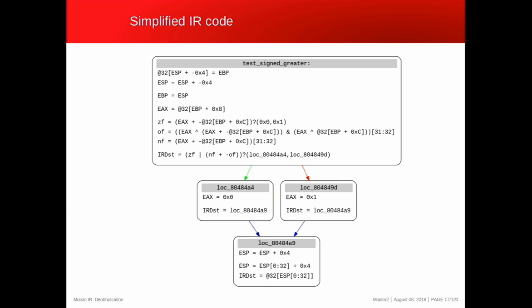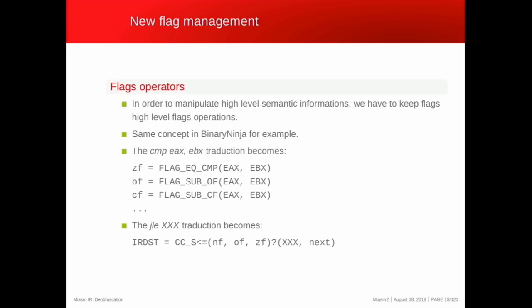Now, we can do better. In fact, the new feature in Miasm is to explain and represent all the intermediate flags with high-level flags. For example, instead of having very big equations in the intermediate language, we have only a simple operator, which does the same thing but is very simple.